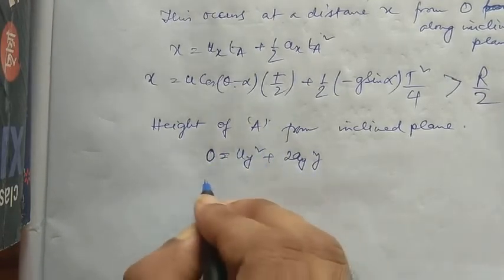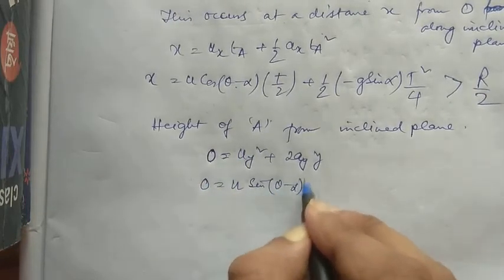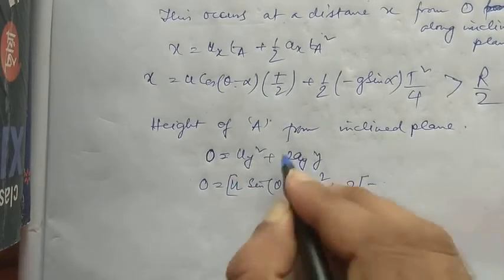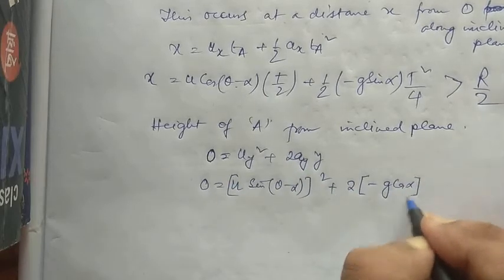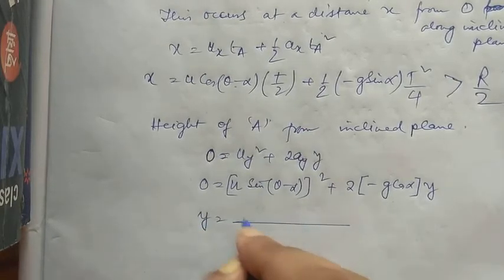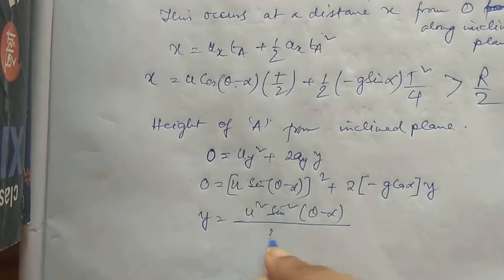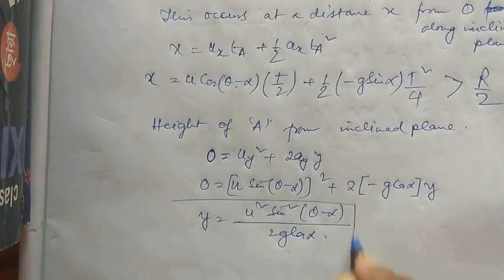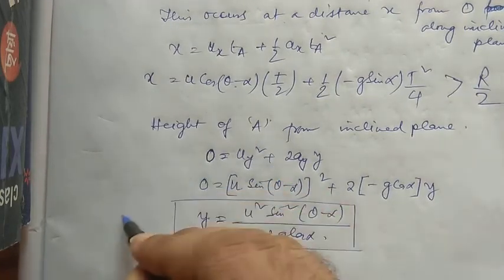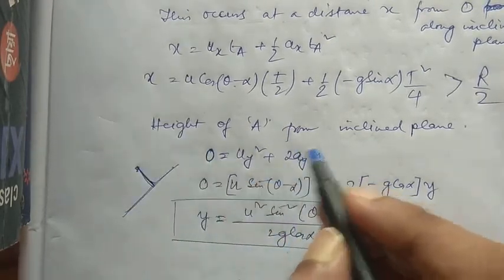So from this, if you replace the value of u_y, what was u_y? u sin(theta minus alpha) square plus 2a, and a_y was minus g cos alpha, into y. So y is u square sin square(theta minus alpha) by 2g cos alpha. So this is y, the height above the inclined plane at which the velocity of the particle becomes 0.